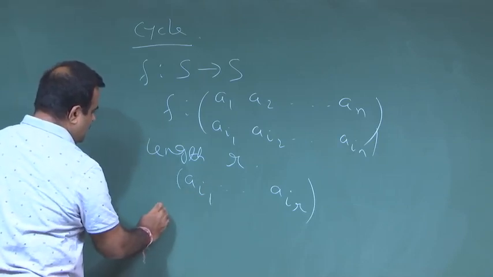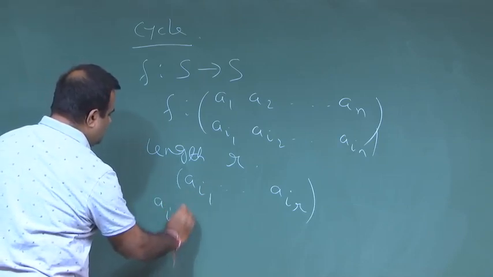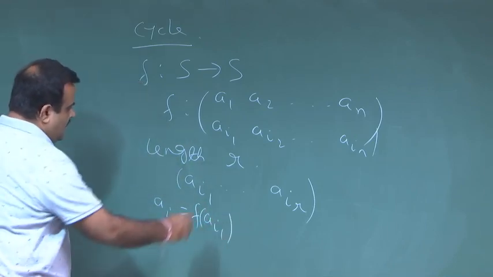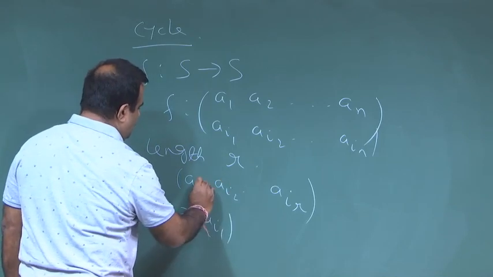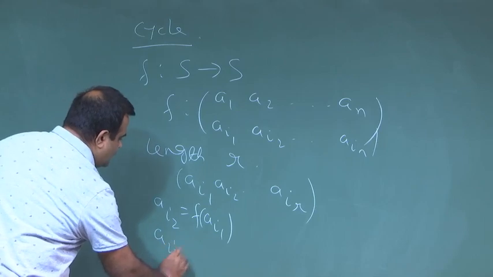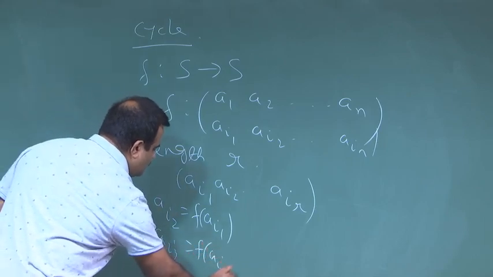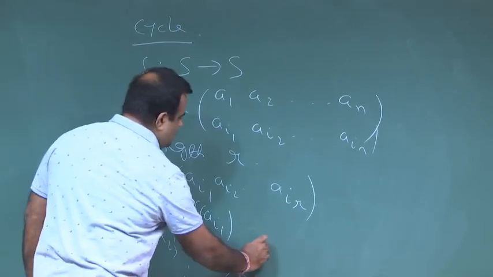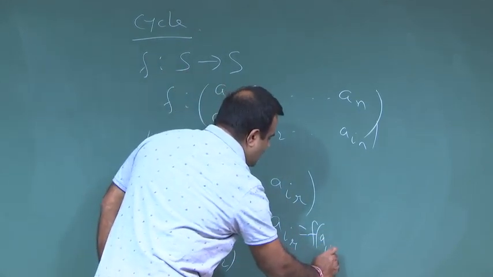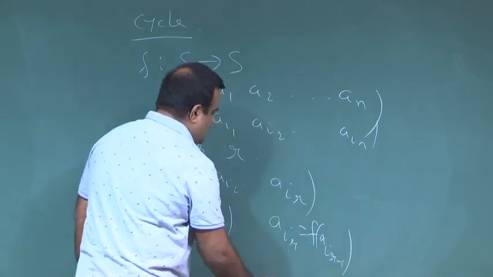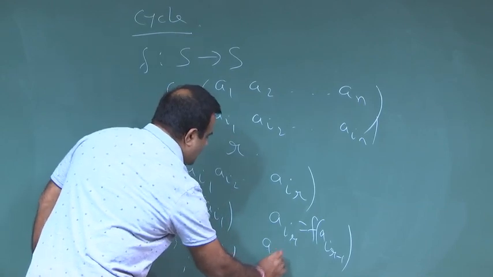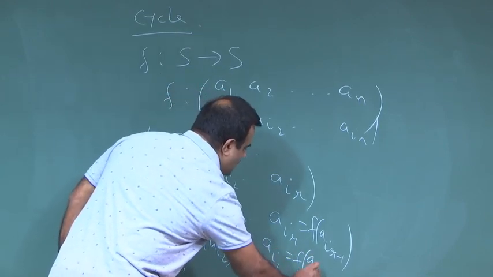the next one, AI2, is nothing but f of AI1. AI3 is basically f of AI2, like this, dot dot dot, AIR is basically f of AIR minus 1, and the last one is again going to this, so AI1 is basically f of AIR.